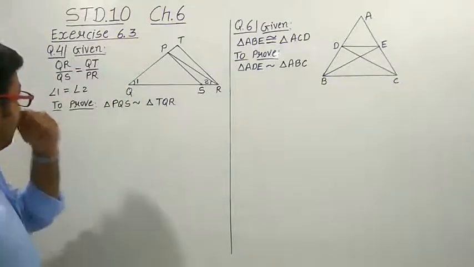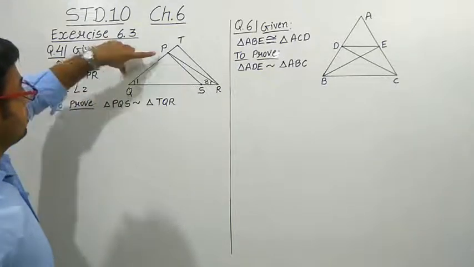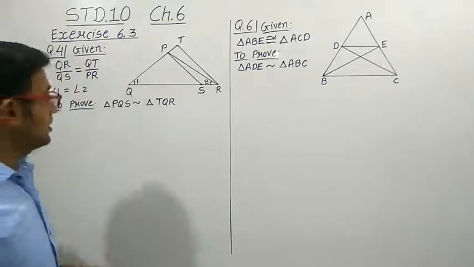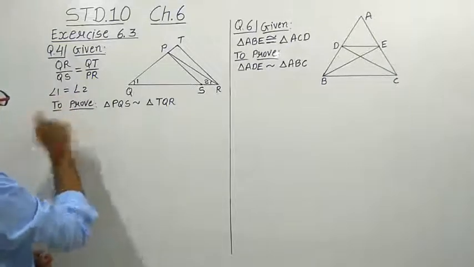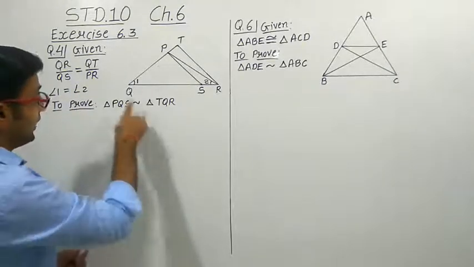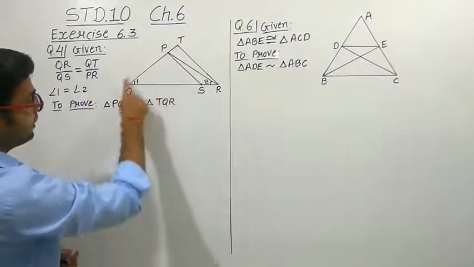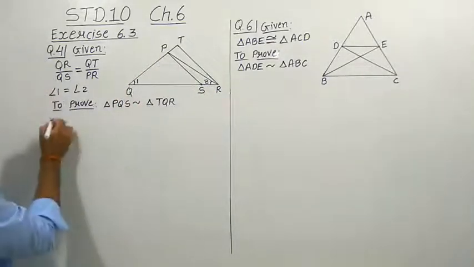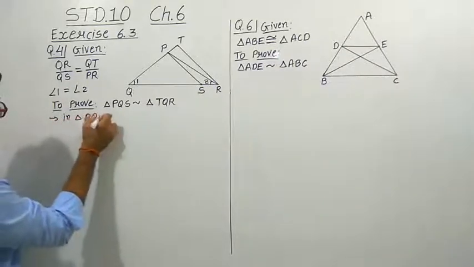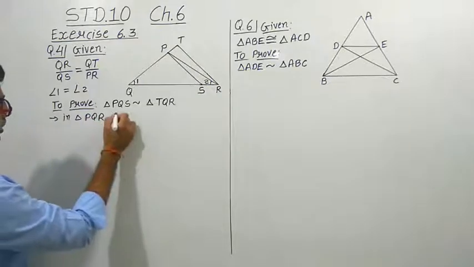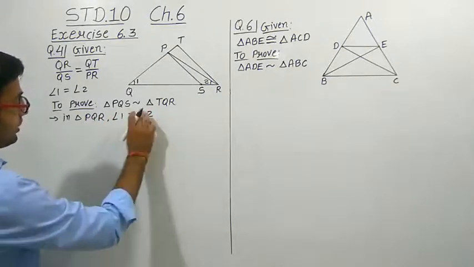So how can we use that? See, we have to replace this PR with PQ. How can we replace it? We have been given one of the conditions here, that angle 1 is equal to angle 2. Now see, angle 1 and angle 2 both are of triangle PQR. So here we start with, in triangle PQR, angle 1 is equal to angle 2, right?